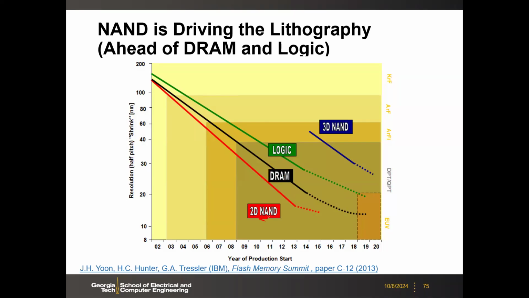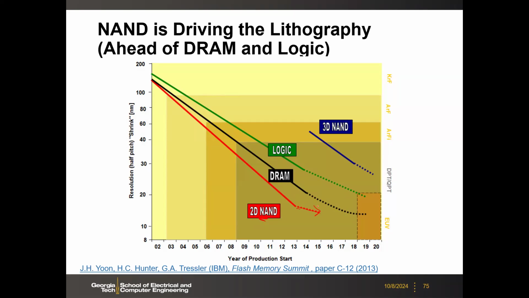If you look at the pitch of the transistor dimensions, the 2D NAND without a contact between the source and drain is very small. So it entered the sub 20 nanometer, close to 10 nanometer region around 2013, 14, and 15.